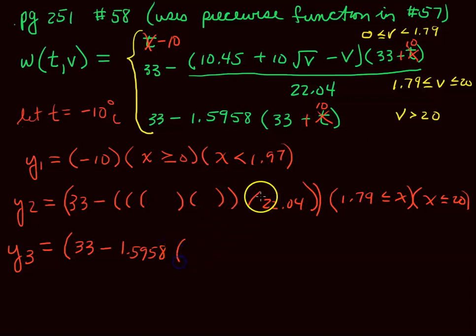And here we can put in the 33 plus 10, or 43, and close that for this expression, and then do the x greater than 20. So, pause this video right now, and put these things in, and then we'll come back.